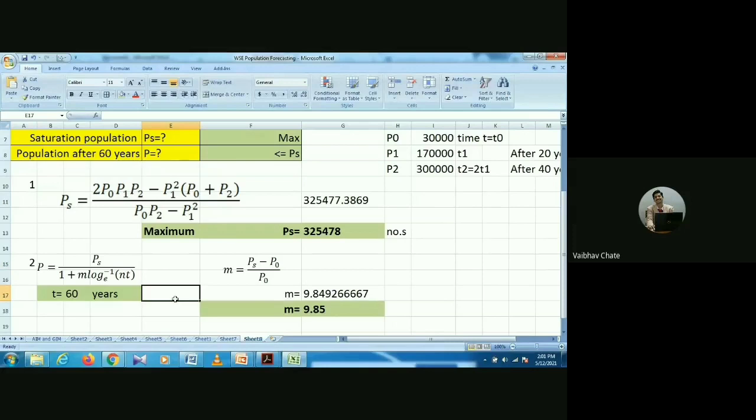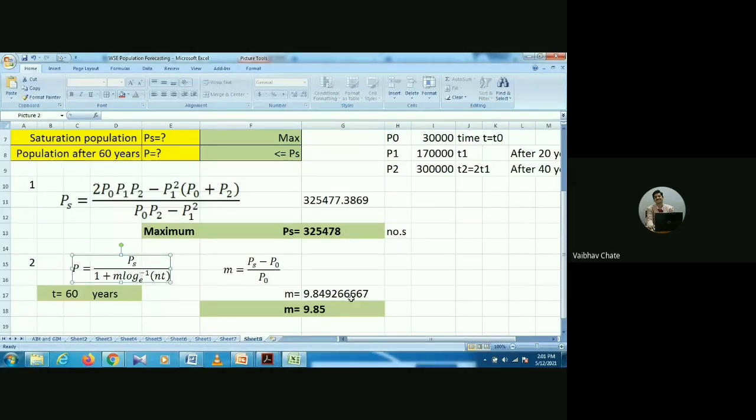That is, we would like to know the logistic curve. Now without substituting the t value, I want the equation. That means I'll be substituting the Ps value, the m value, and what will happen to the n value?